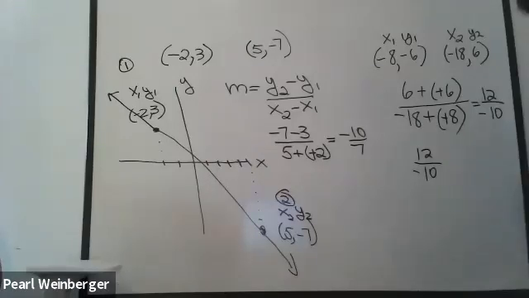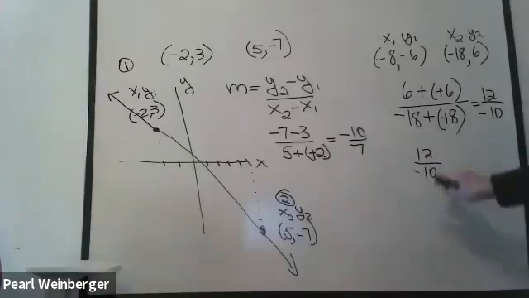At this point you divide by 2 because you could make this smaller, right? It's not wrong to say this is the slope, but I think on Delta Math they want it to be specific. They want you to reduce it. So is there anything that you can divide the top and the bottom by? By 2.